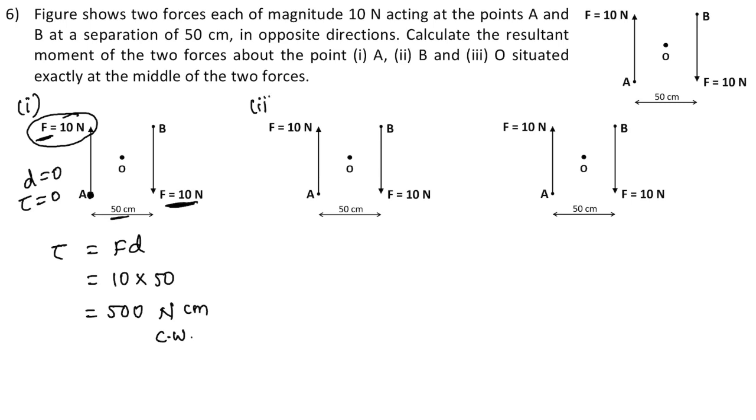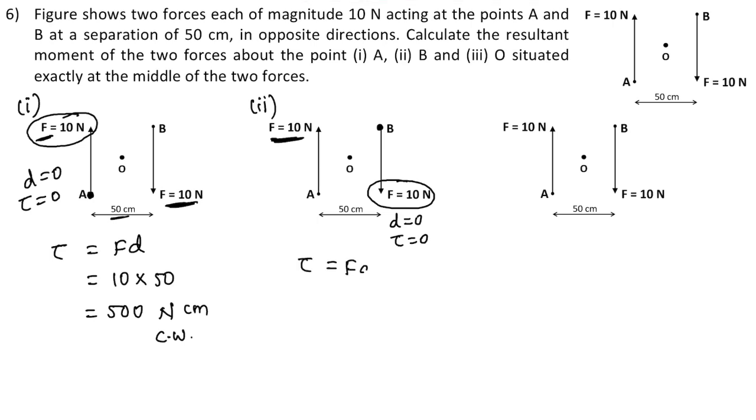In second case, we want to find out the moment of force about point B, meaning now the axis of rotation is passing through the point B. So the force 10 Newton acting in downward direction will not be able to generate any torque since the distance is 0. So torque is 0. So torque due to 10 Newton acting in upward direction we can calculate.